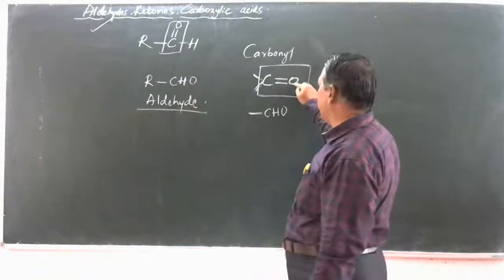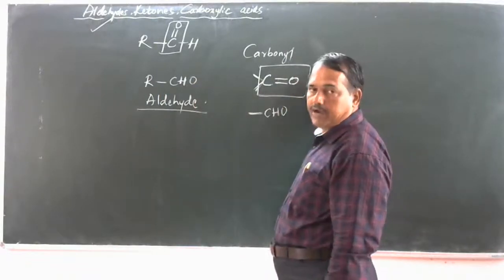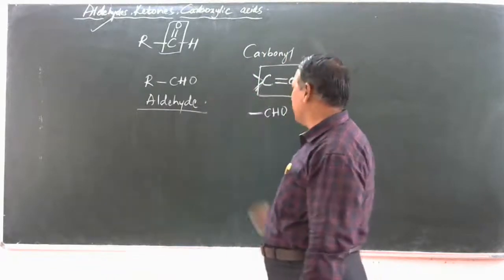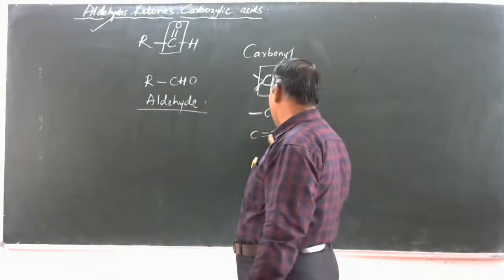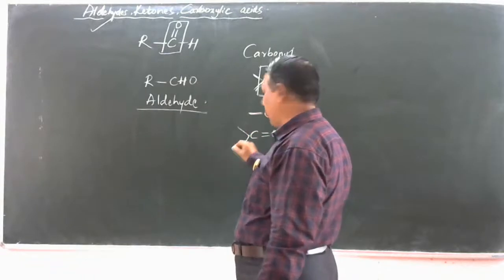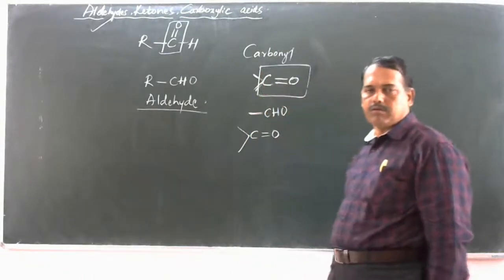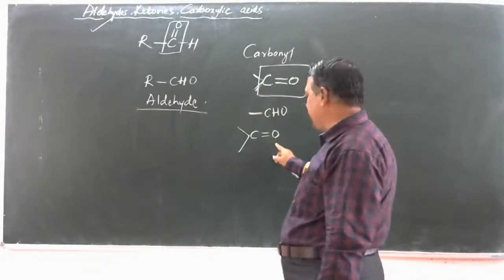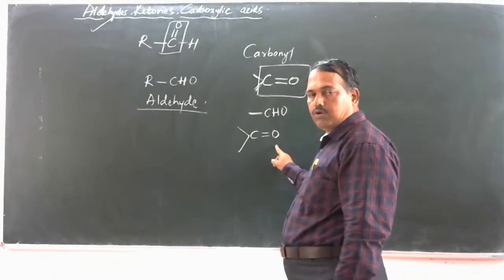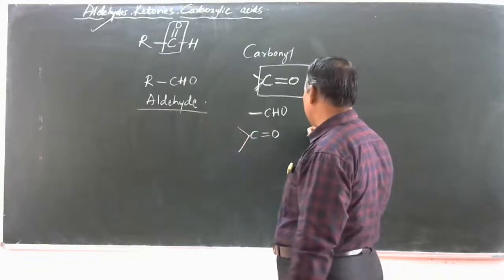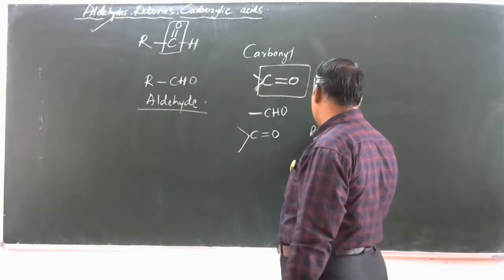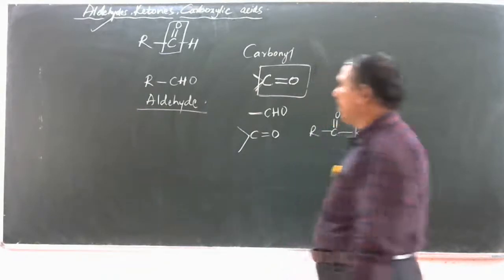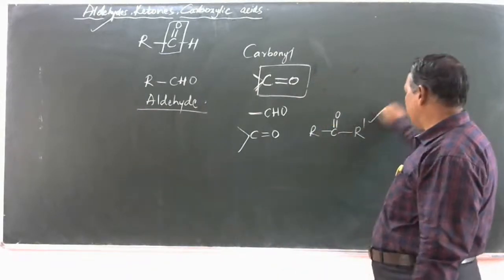In ketones, again, the common functional group is the carbonyl group, and this carbonyl group is attached to two other carbon atoms. We write R-C double bond O-R', and these are called ketones.